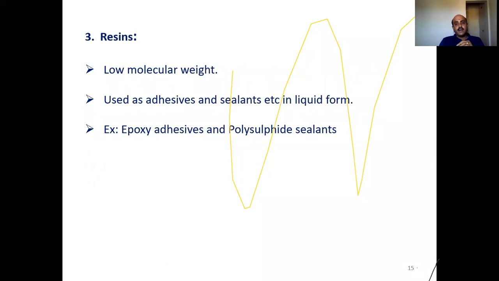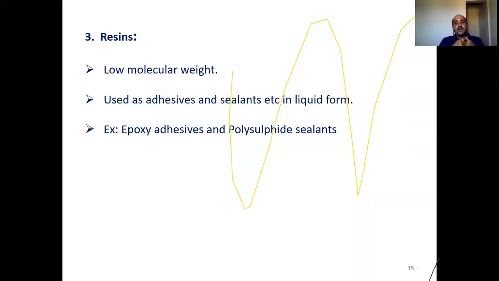Then the third category here is resins. Resins are the polymers which are used as adhesives and sealants in the liquid phase. These are polymers which can be used as adhesives. They are in a semi-liquid form, and of course some are in liquid form also, and they will form a strong bond.